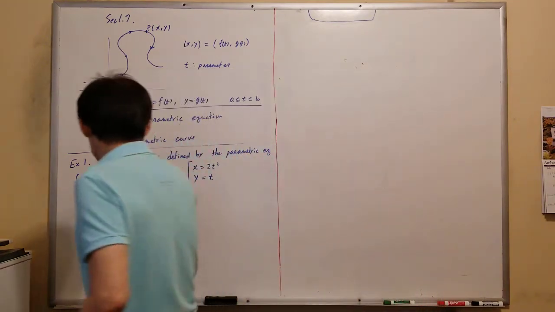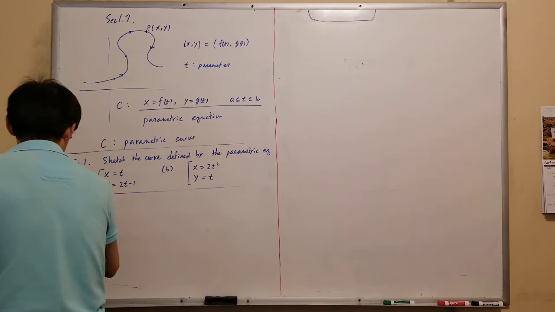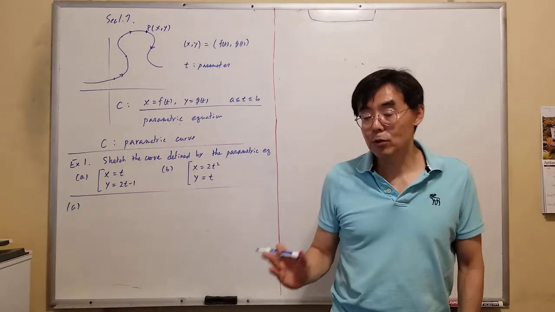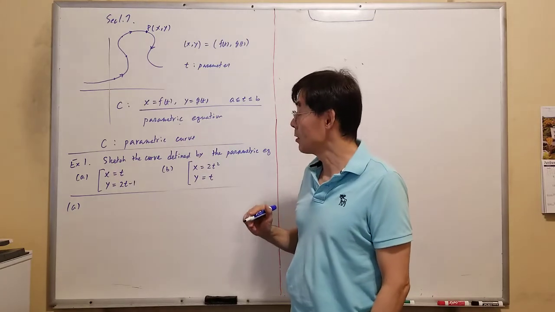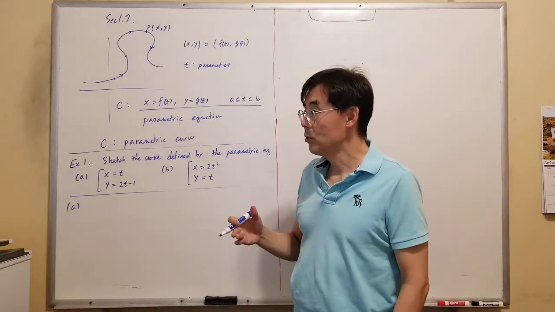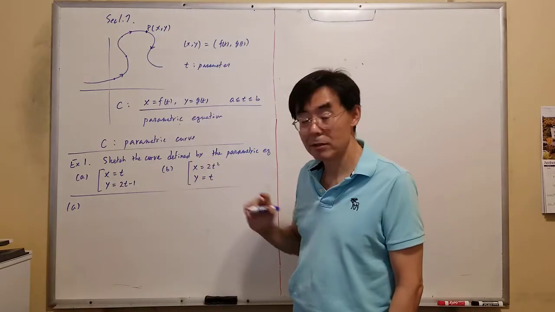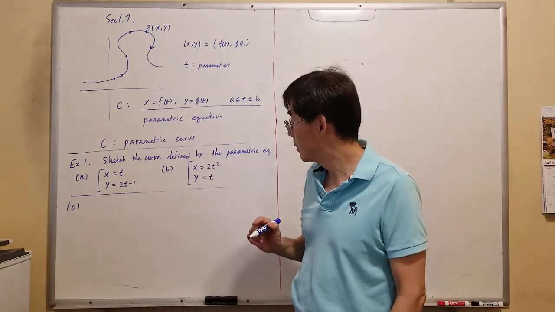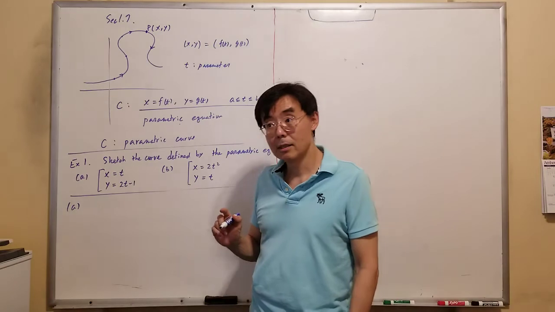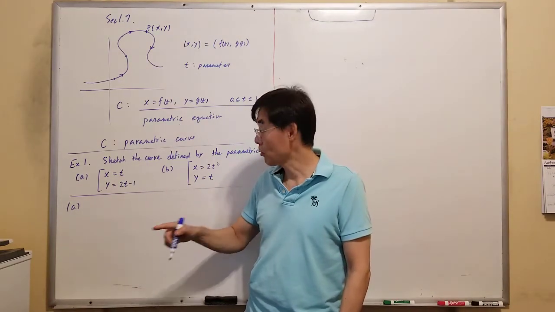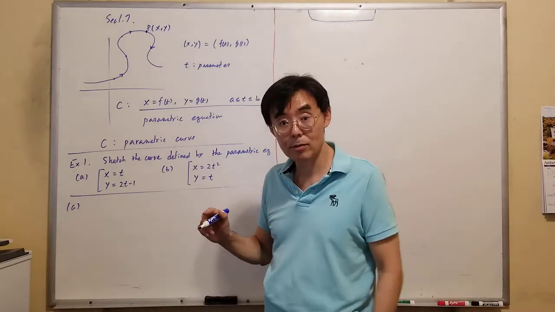So let's think about A first. All right. If you don't know anything about parametric equation, what will be your first approach to understand the shape of this parametric curve? Probably that would be plotting a few points corresponding to different t values, right?